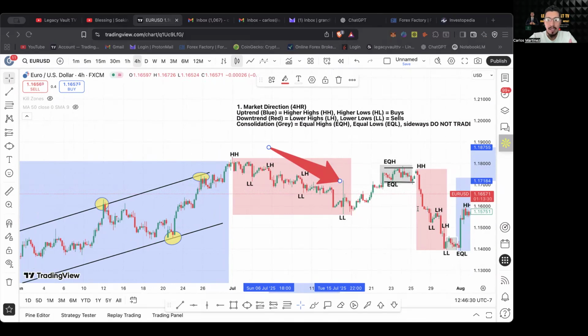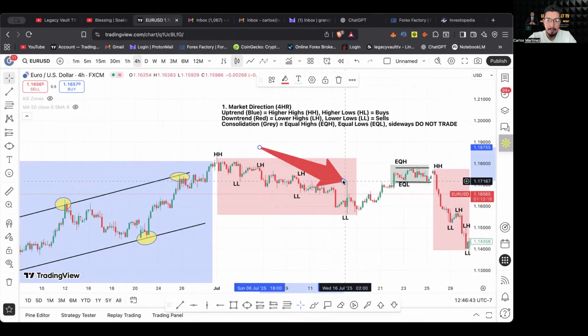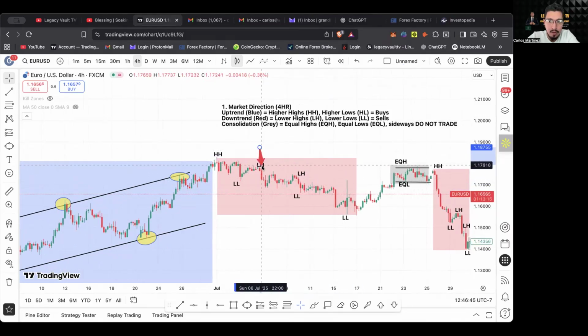Lower highs: each peak is lower than the previous high. And for a lower low, each pullback is lower than the last low. So you want to see these trends where this lower high is lower than this higher high, and this lower high is lower than this lower high, and this lower low is lower than this lower low.